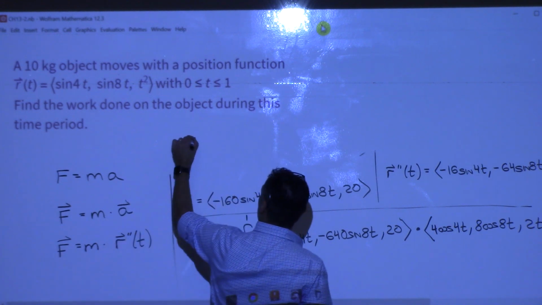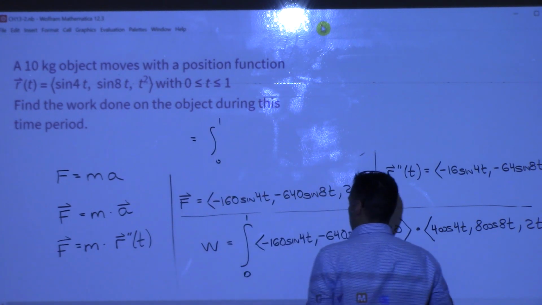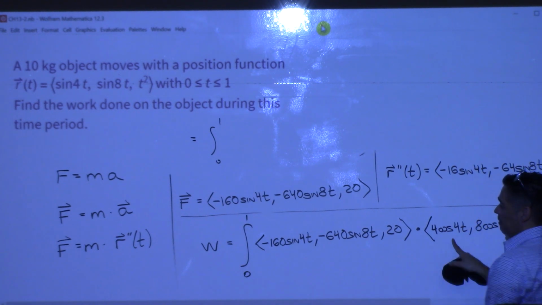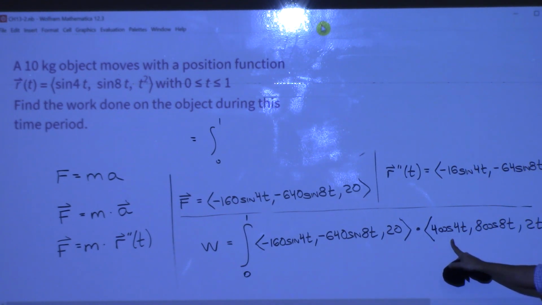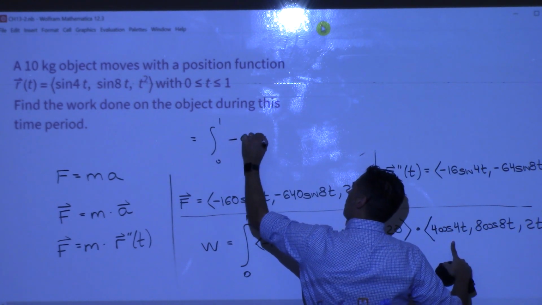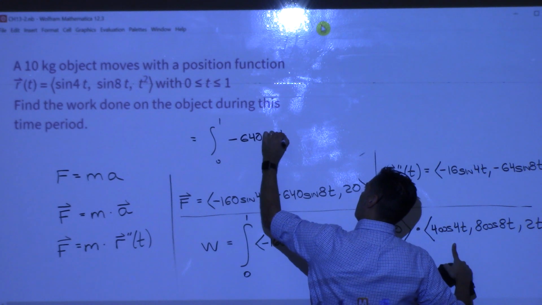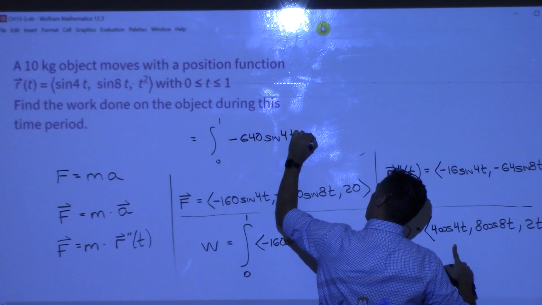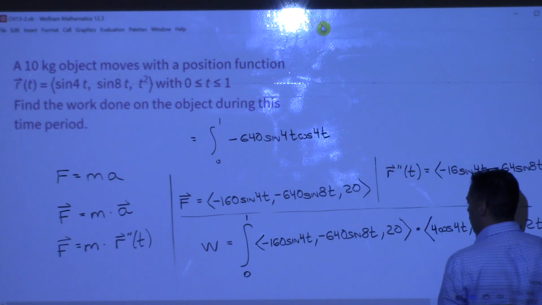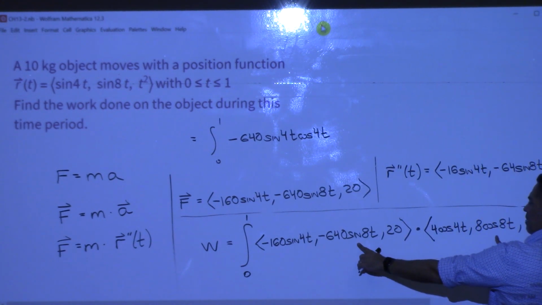So this will be the integral from 0 to 1. Okay, multiply these first two for negative 640 sine 4t cosine 4t. Okay, that wasn't very good. I guess it's not working out the way I hoped. Okay, next one, these two together.